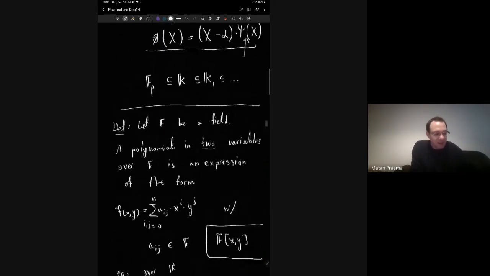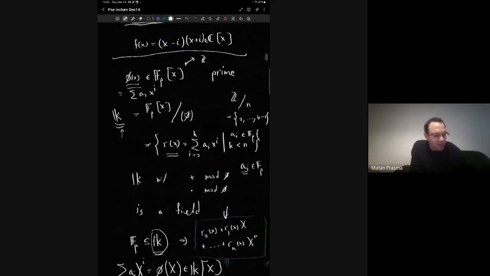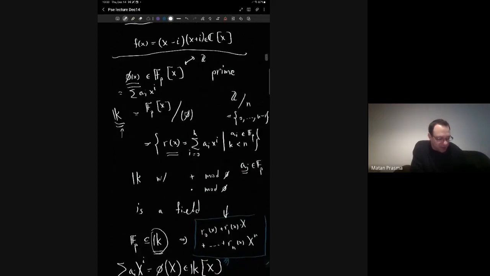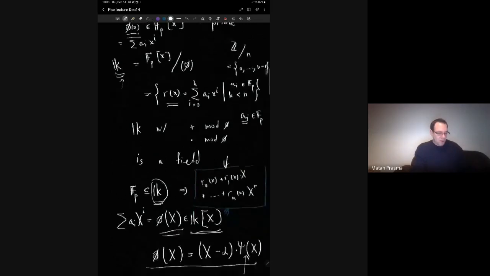So that's really the whole crux of this construction, is that it's not really polynomials in two variables, because addition and multiplication are defined differently. Any more questions about this? Okay.